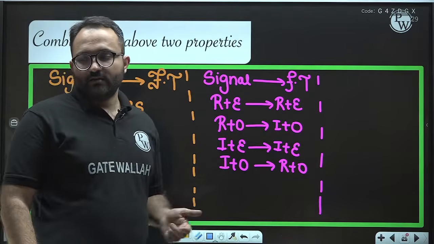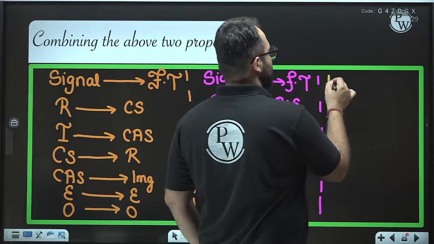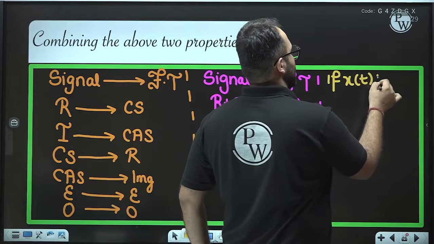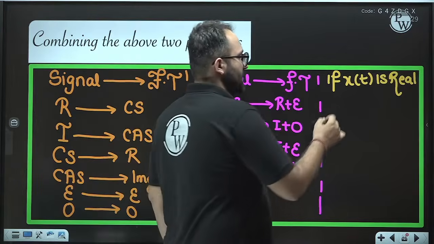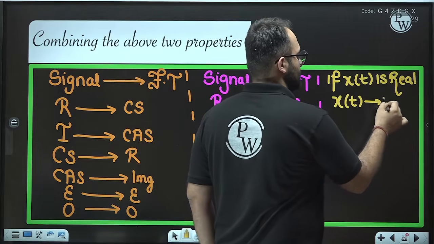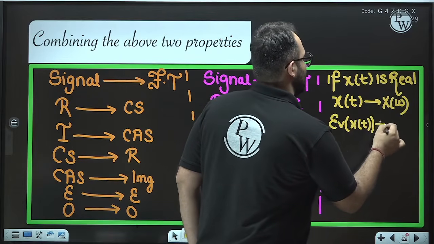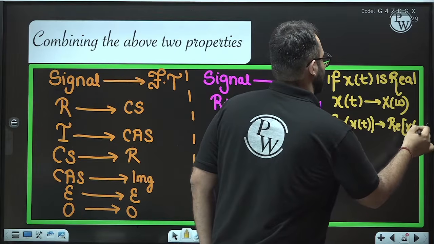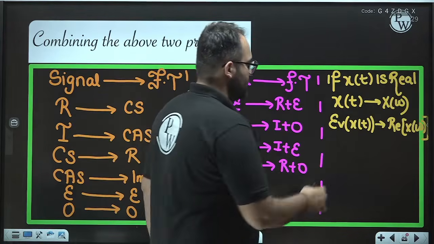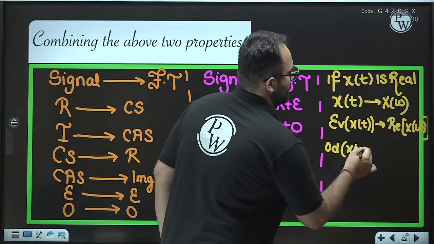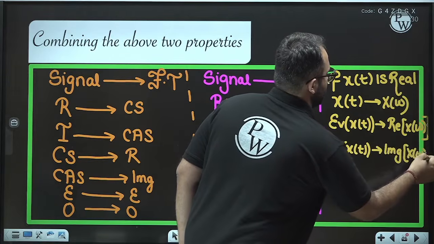And the last one: if x(t) is real, if any signal is real, and x(t) has Fourier transform X(ω), then the even part of x(t) will have Fourier transform the real part of X(ω), and the odd part of x(t) will have Fourier transform the imaginary part of X(ω).